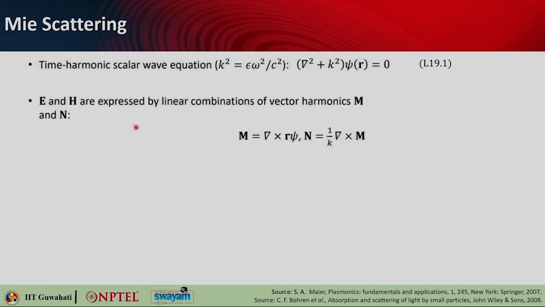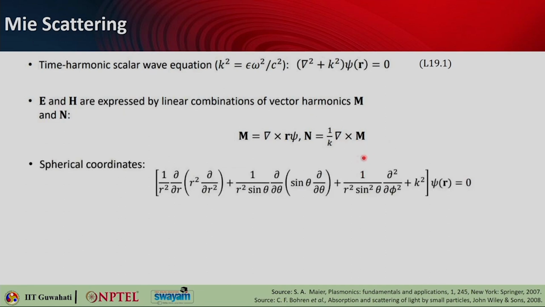Now, electric and magnetic fields, if you express them as linear combinations of the vector harmonics M and N, you can write M equals grad cross r psi and N equals 1 over k curl of M. So, these are some relations with the electric and magnetic fields.